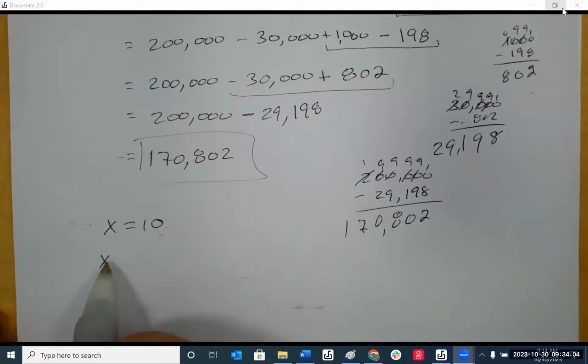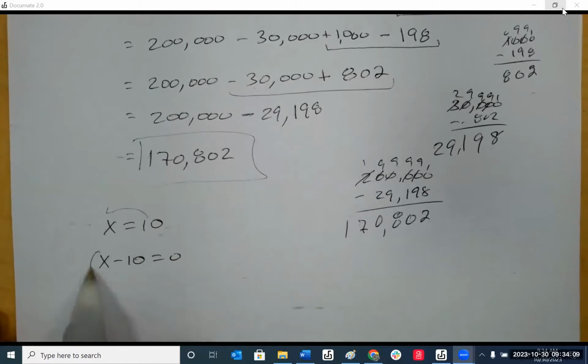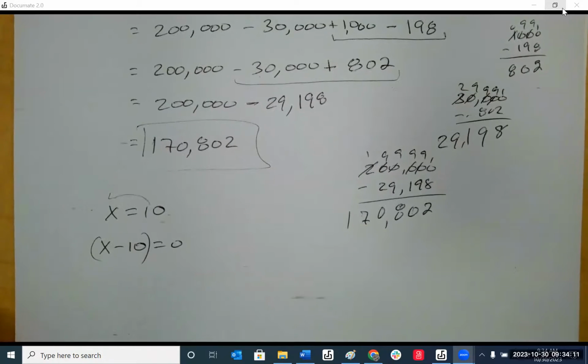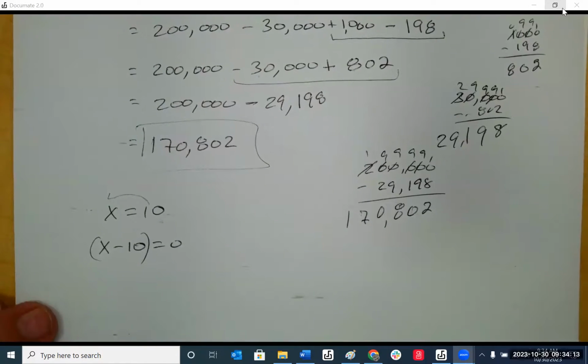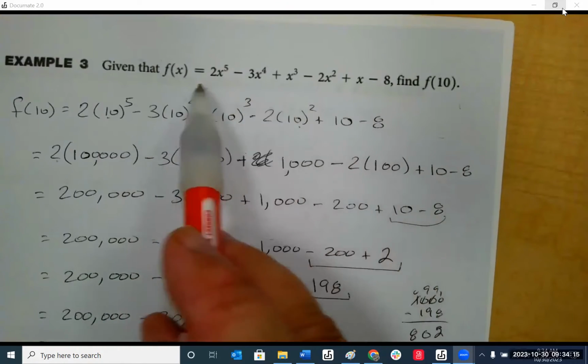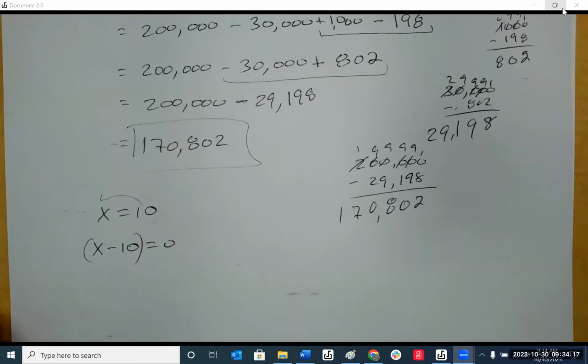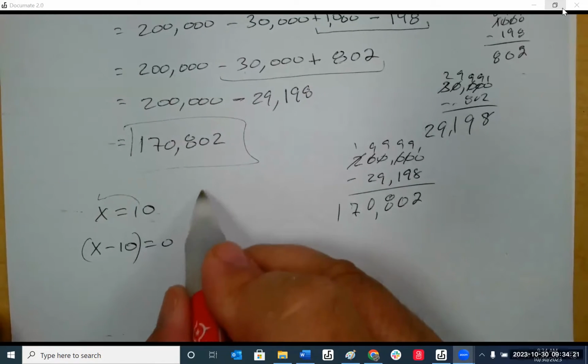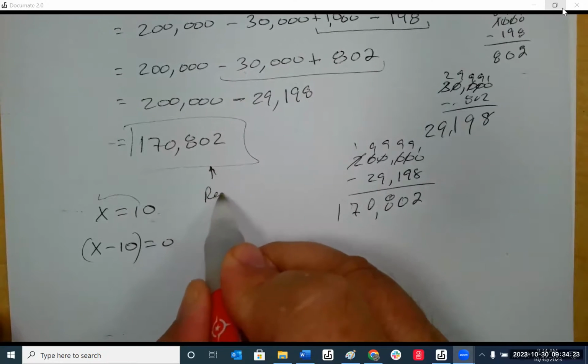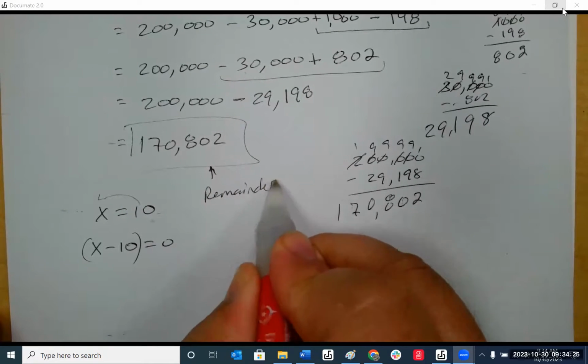What if, because if we move the 10 over, we subtract the 10 from both sides, if we had this factor, and we took that whole polynomial and divided it by x minus 10, we would get that as a remainder.